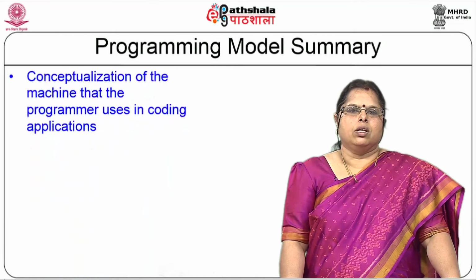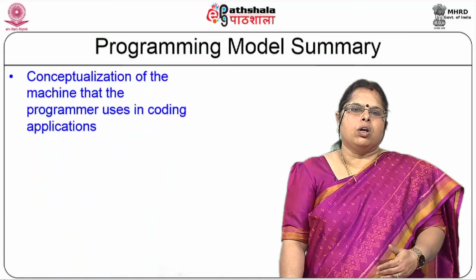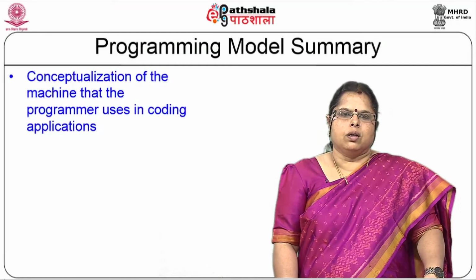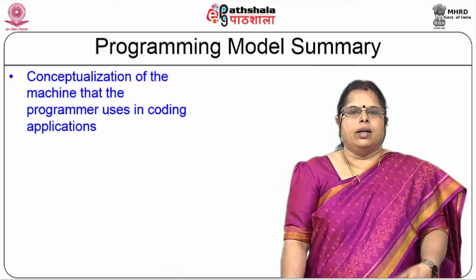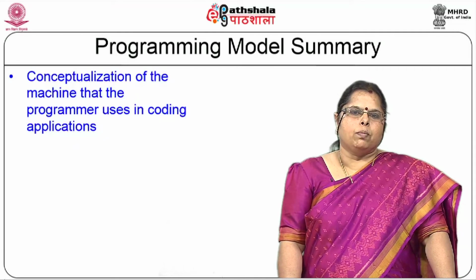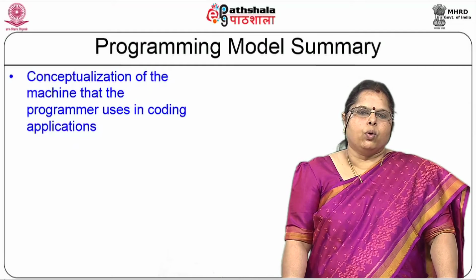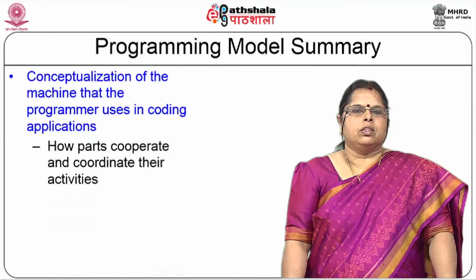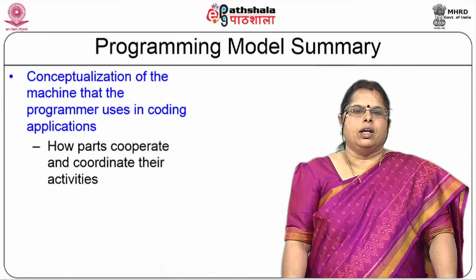So, if you look at the different programming models that we have looked at, a shared memory programming model, a message passing programming model, and a data parallel programming model. To summarize what is meant by a programming model, it is basically a conceptualization of the machine that the programmer uses in coding applications.